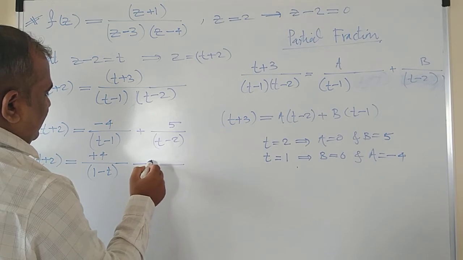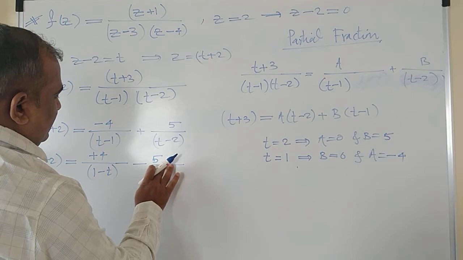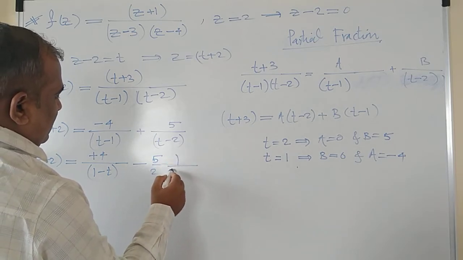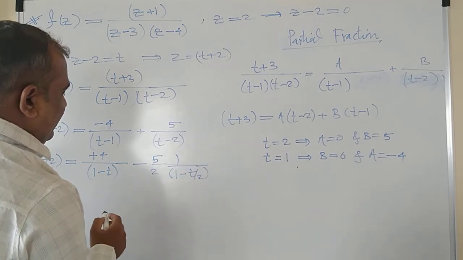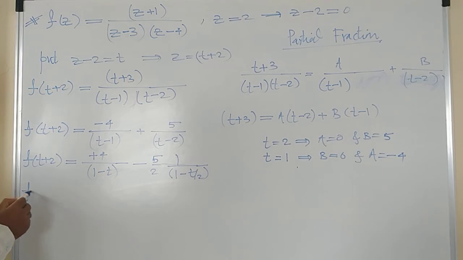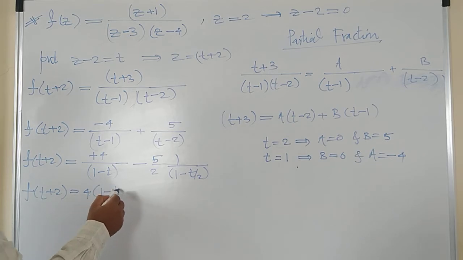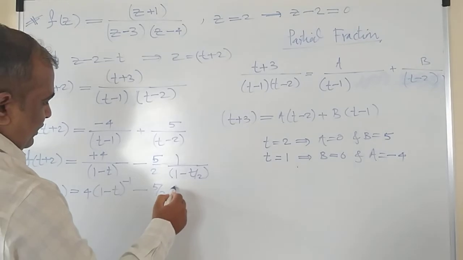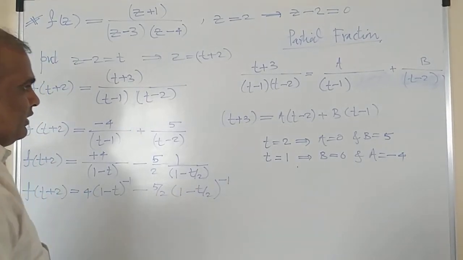So here I will get minus 5 by 2 into 1 minus t by 2 raised to power minus 1. Now f of t plus 2 is equals to 4 into 1 minus t raised to power minus 1 minus 5 by 2 into 1 minus t by 2 raised to power minus 1.